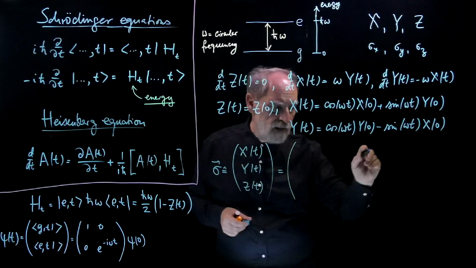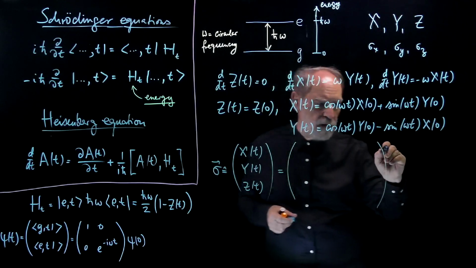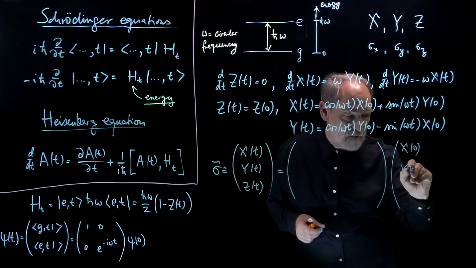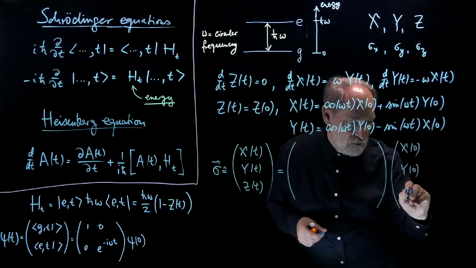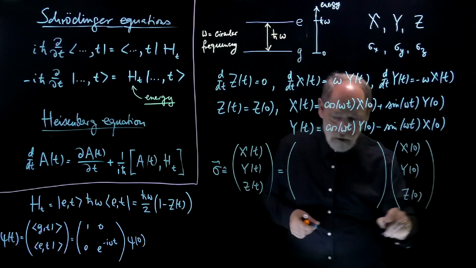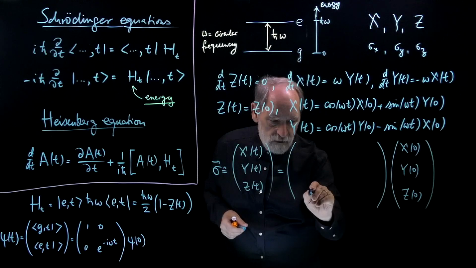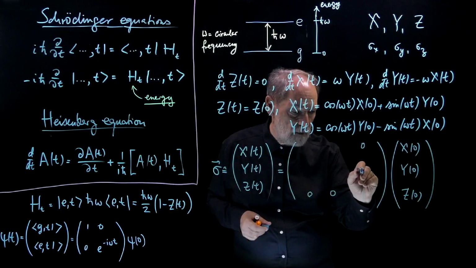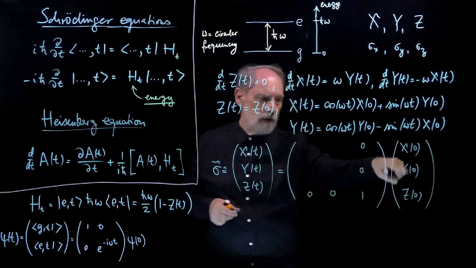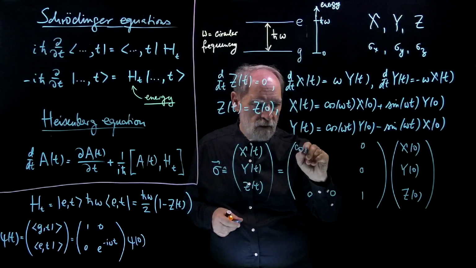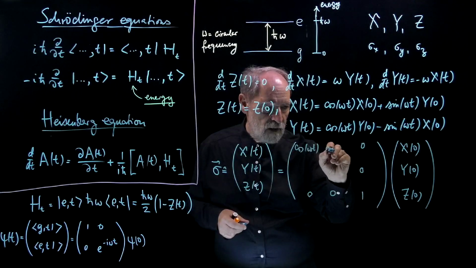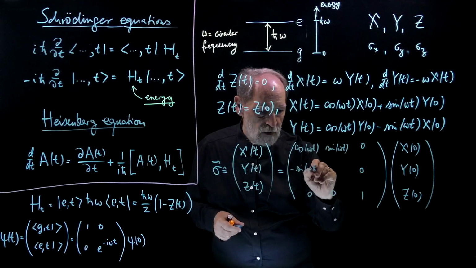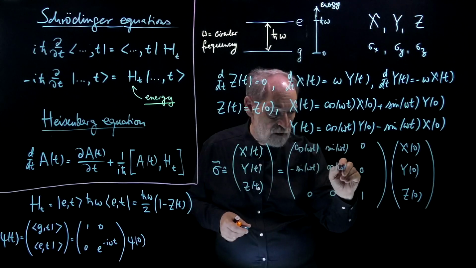Well, again, we have a matrix multiplying what this vector is at time 0. And for z of t, it's easy. There is just a 1 here, and the z doesn't appear in the other solution, so we have zeros here. And for the x and y, we have the cosine omega t, sine omega t, negative sine omega t, cosine omega t.